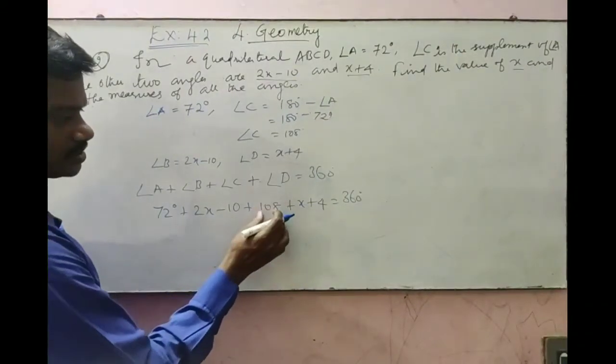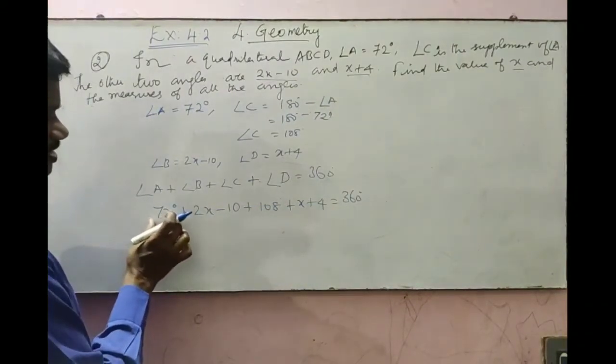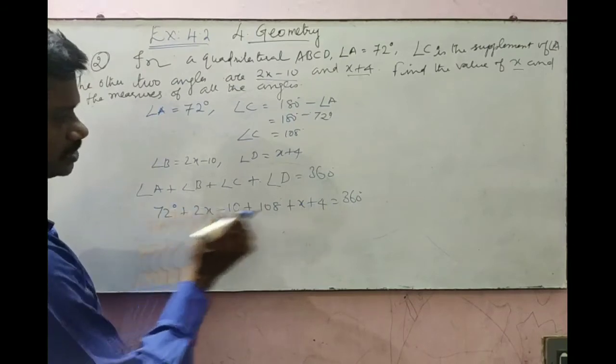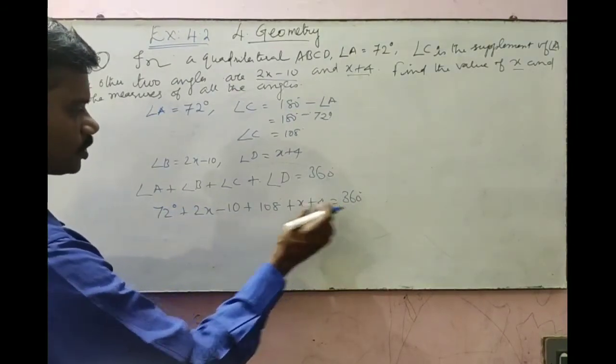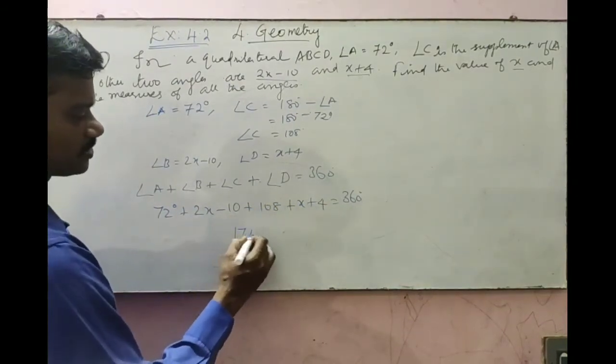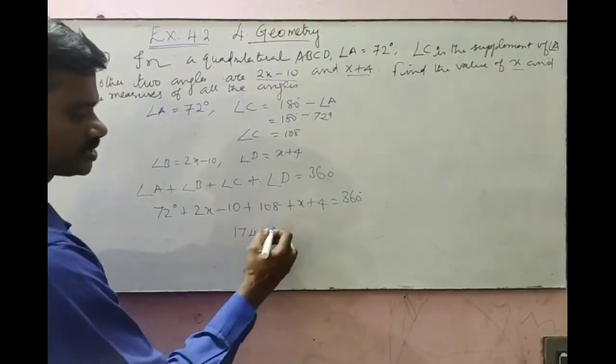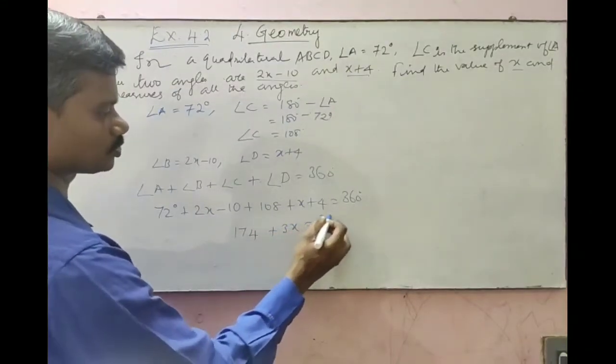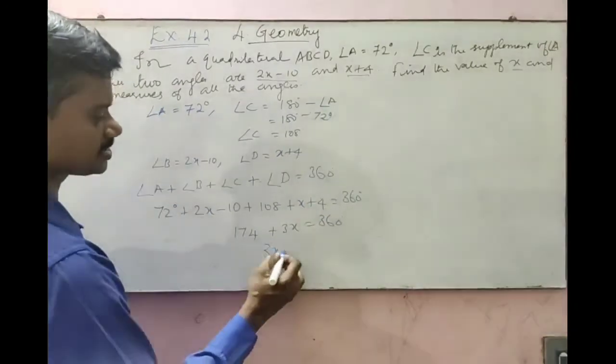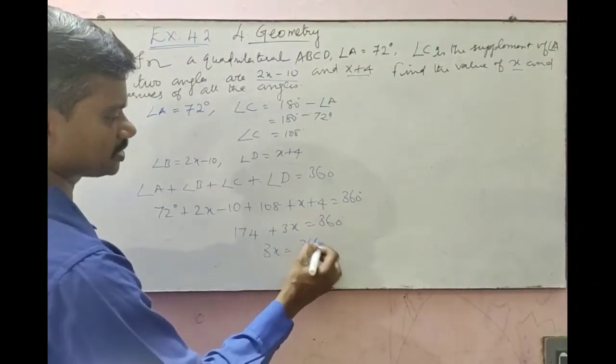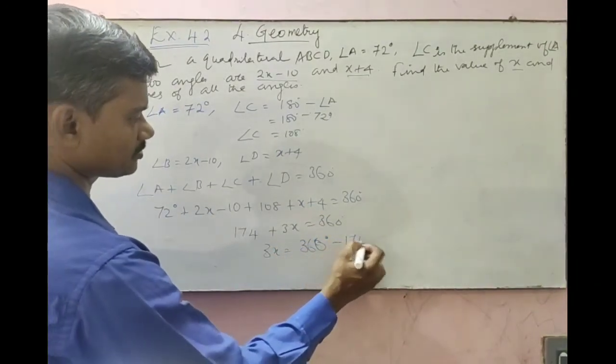Now add the angles. 108 plus 72 is 180, 180 plus 4 is 184, 184 minus 10 is 174. 2x plus x gives 3x equal to 360 degrees minus 174.